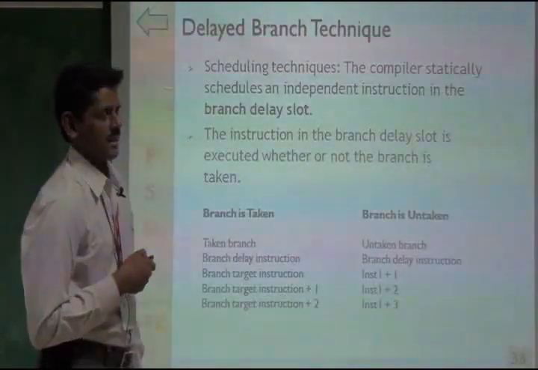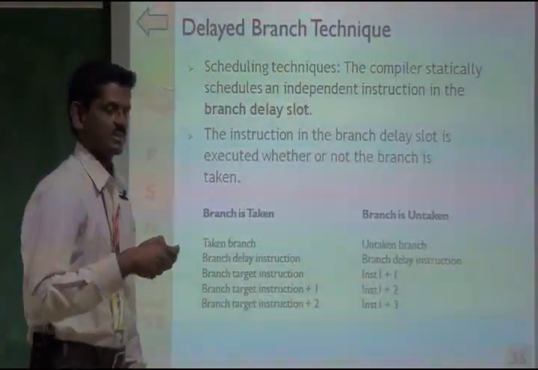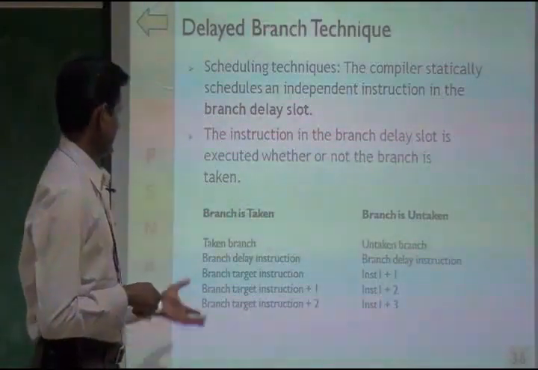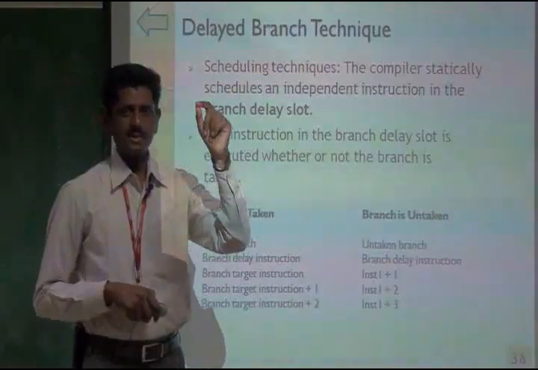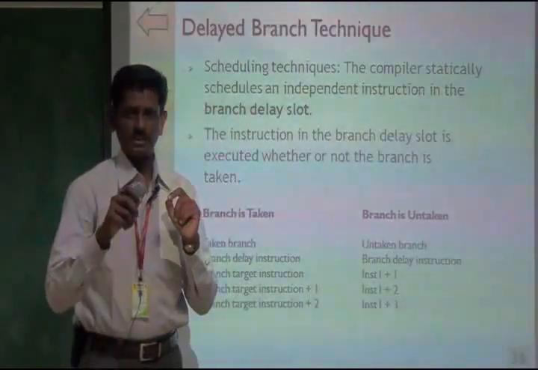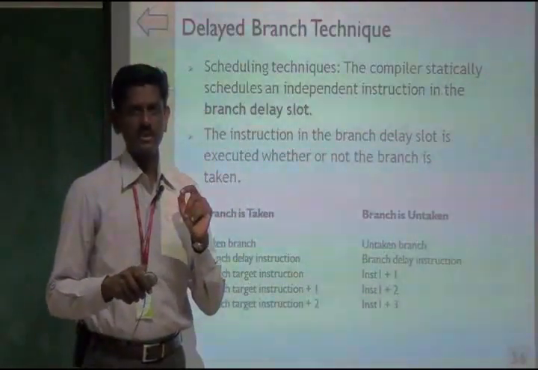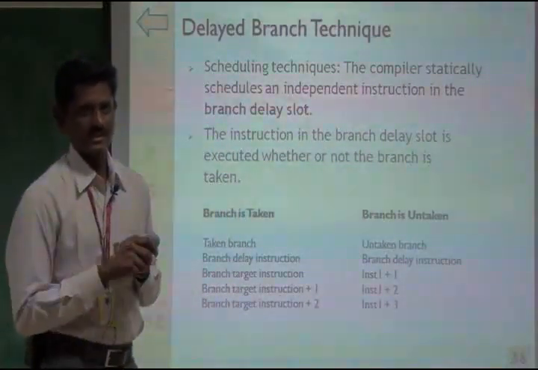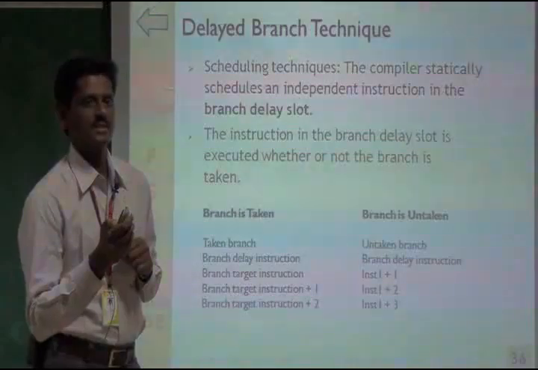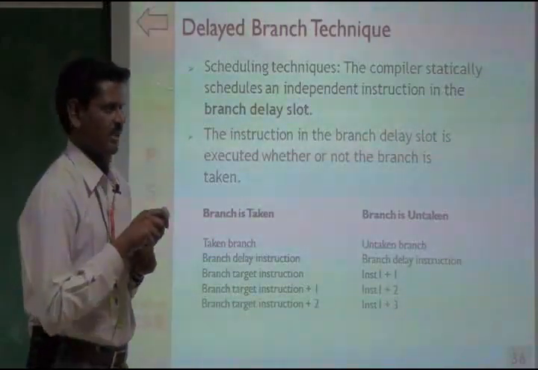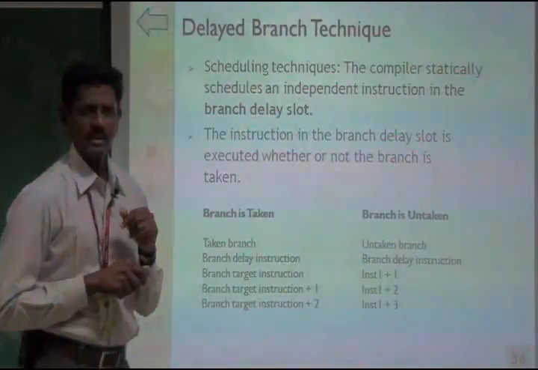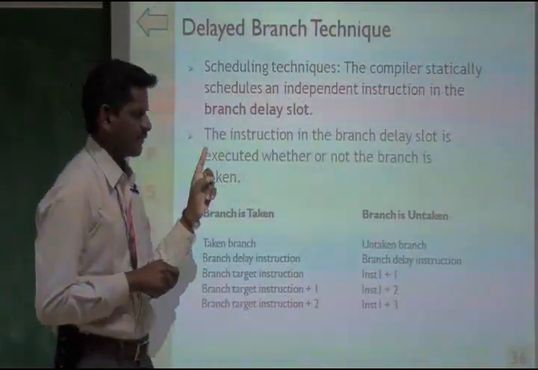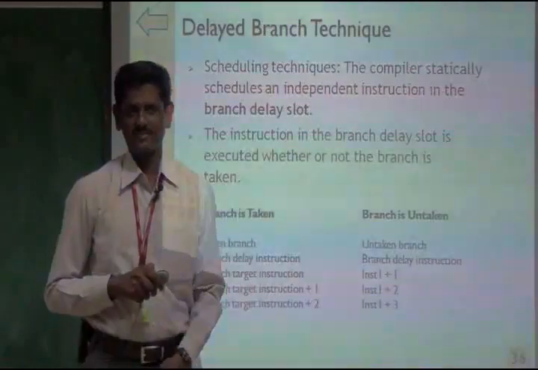And the last one is the delayed branch technique. Delayed branch technique, right? So here, for any branch instruction, the challenge is what is the next instruction we are going to allow. What is the next instruction we are going to allow? So in the delayed branch technique, the compiler is going to identify some independent instruction.